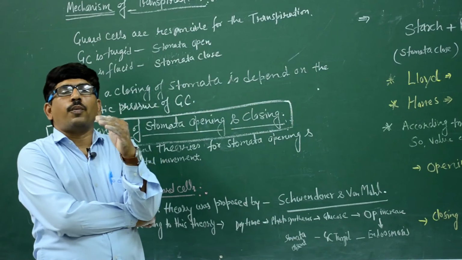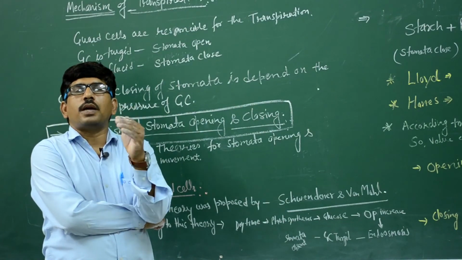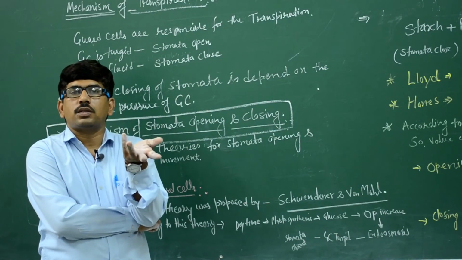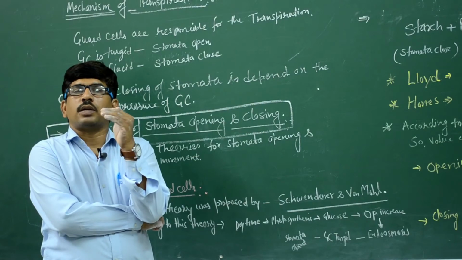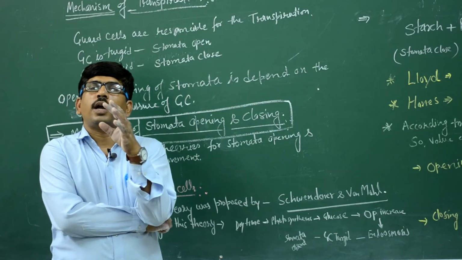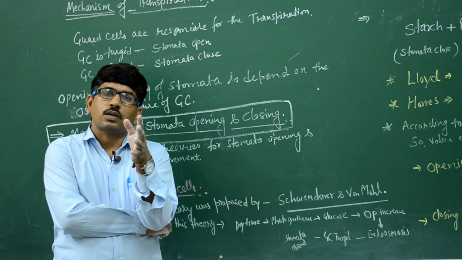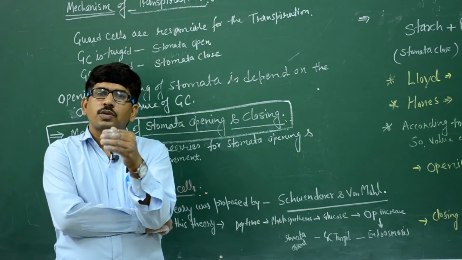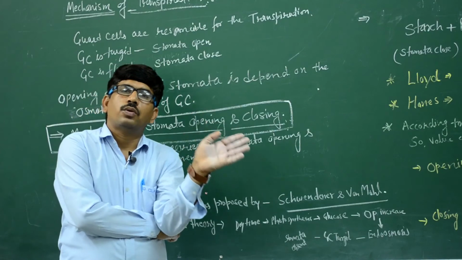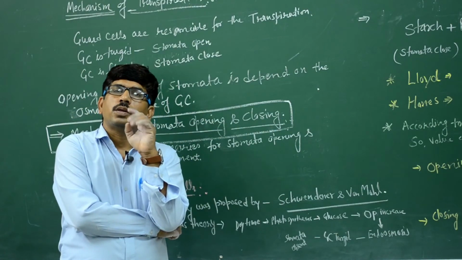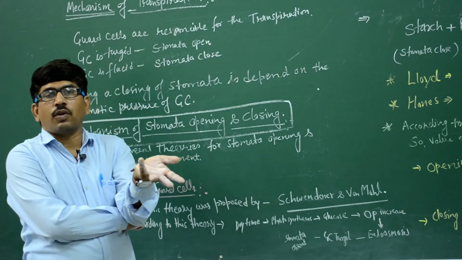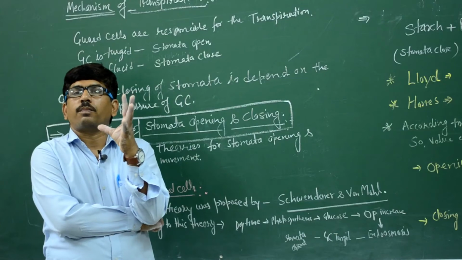So due to the formation of glucose inside the guard cell, the concentration of OP is increased. We can say the OP of the guard cell is increased, and then endosmosis occurs. So water moves from the subsidiary cell to the guard cell. कहाँ जाएगा? सबसिडियरी सेल से guard cell पे जाएगा. And due to the availability of water, the guard cell swells up. ठीक है?